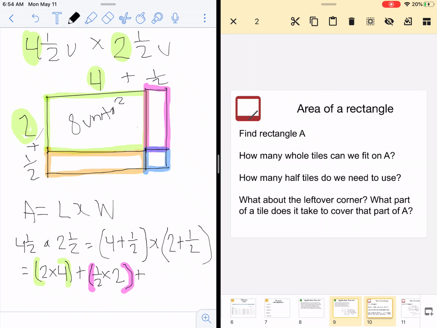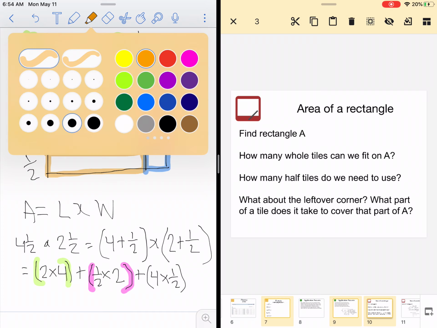Plus, now let's do the orange, which is a length of 4 times a width of just 1/2, highlighted in orange.